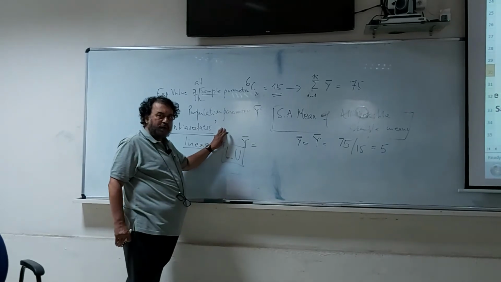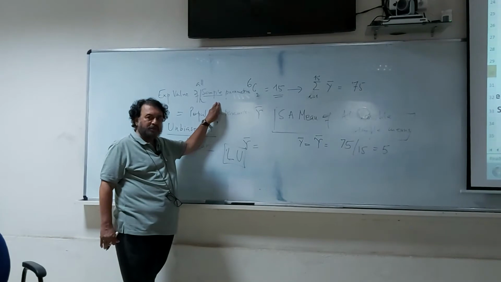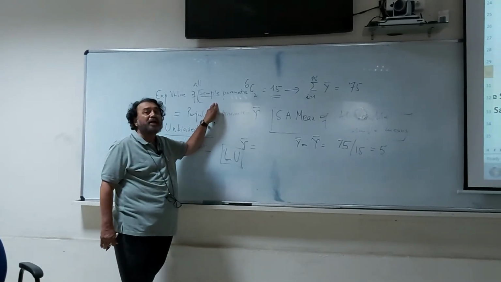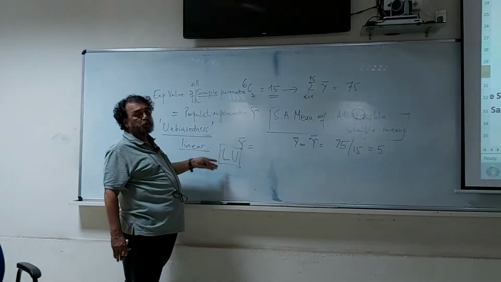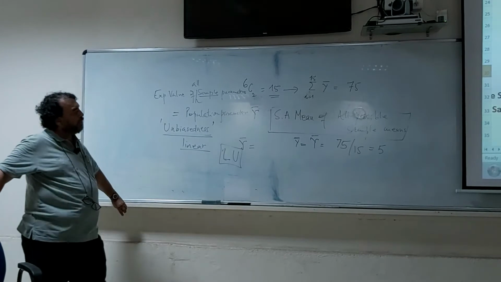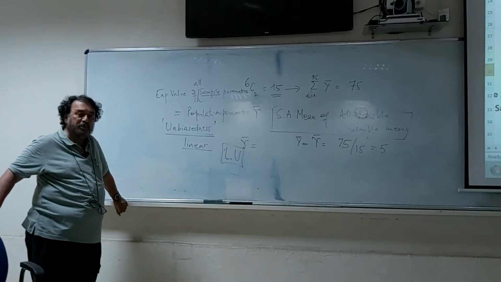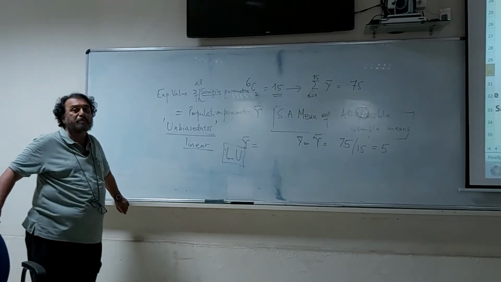And what do you mean by unbiased? The definition is here. If we take all possible samples of a given size, and take the expected value of all those possible sample parameters, it must be equal to the population parameter. That's the notion of unbiasedness, and it is true for the simple or weighted arithmetic mean. Hence, simple or weighted arithmetic mean is an unbiased and linear estimator.